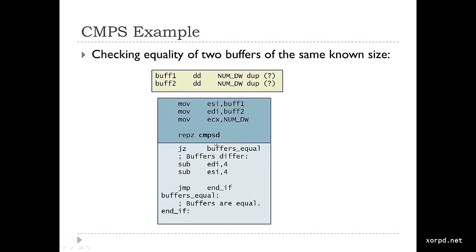Because, as you probably remember, compare SD automatically increases ESI and EDI. So if we want to get the location where the two buffers disagree, we have to subtract 4 from EDI and ESI. Basically, as I mentioned before, all this part is just some kind of an if-else construct.